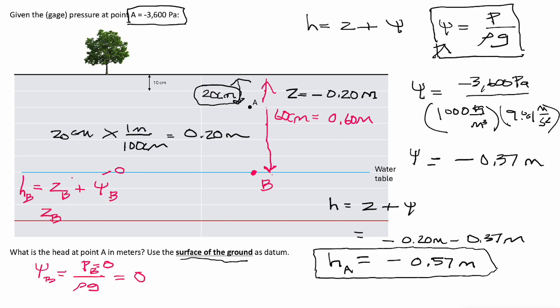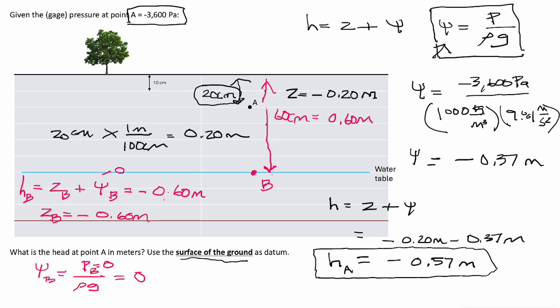The elevation head Z for the water table is 0.6 meters below datum, so it is equal to negative 0.60 meters. Therefore, the head at B will equal negative 0.60 meters plus 0, or just negative 0.60 meters.